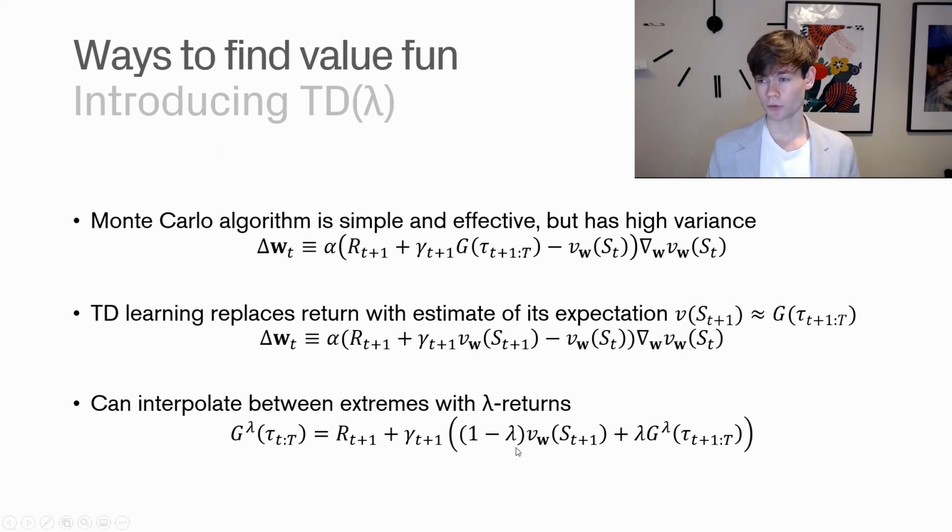But you could imagine doing something in between, which is what this lambda-based estimate of the G function does. It takes the current reward plus a discount factor, and instead of having either the value function or G, we use an interpolation between them, a weighted average that depends on the parameter lambda, so you can go in between them.